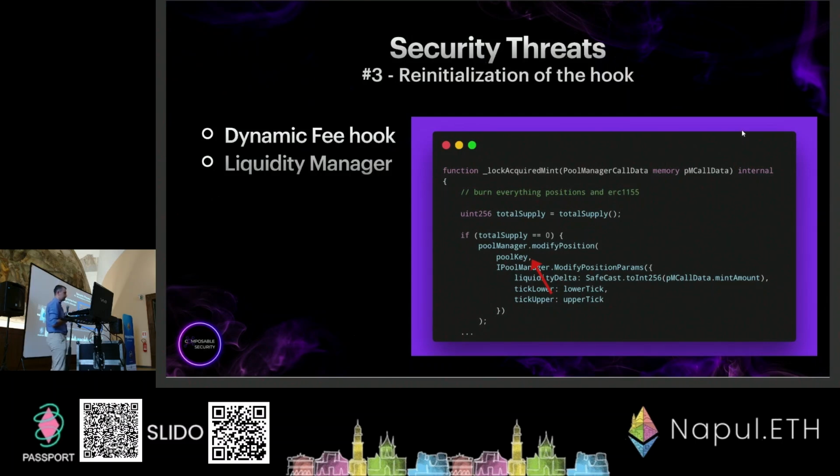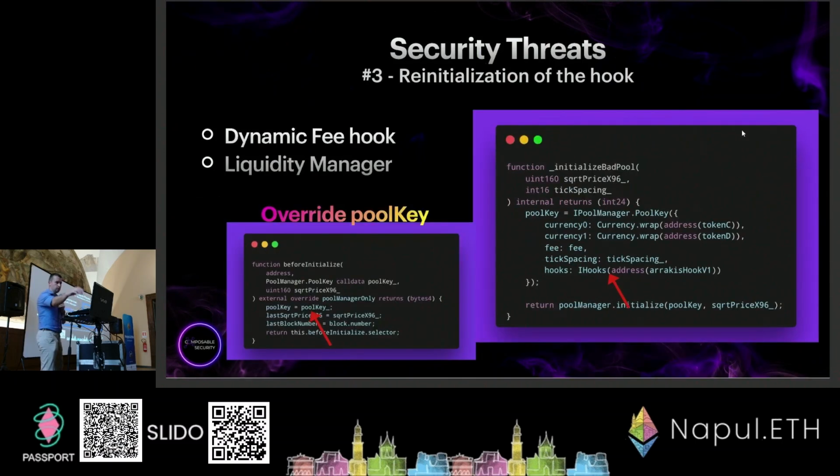So you as user can add liquidity calling the hook, and it does it on the pool, and then you can withdraw liquidity. And when you withdraw liquidity, you actually are making the pool operator call the pool manager with this specific pool key that he saved during initialization, right?